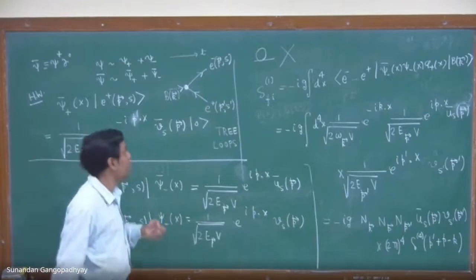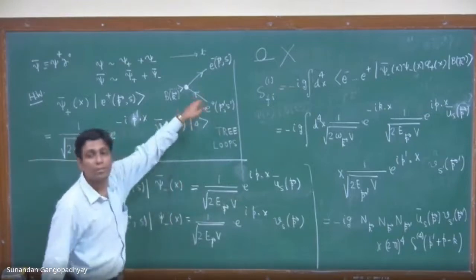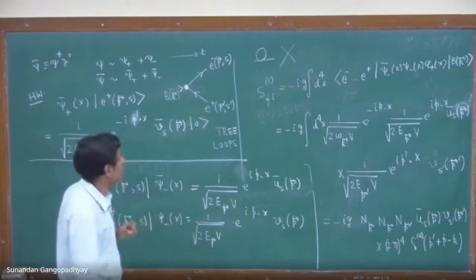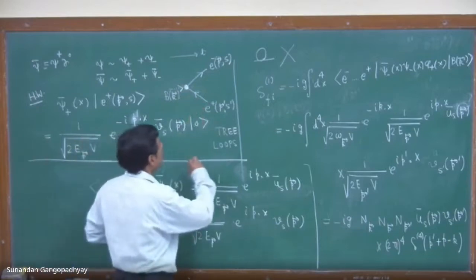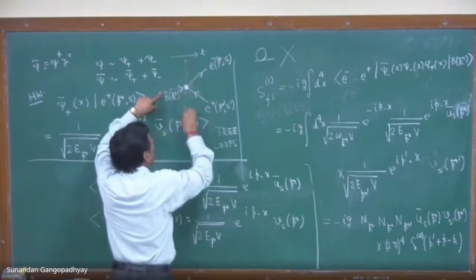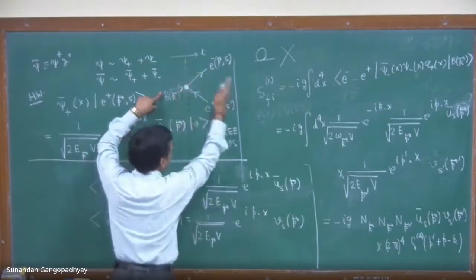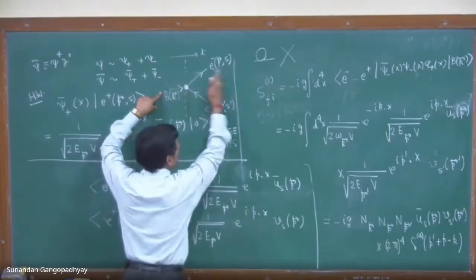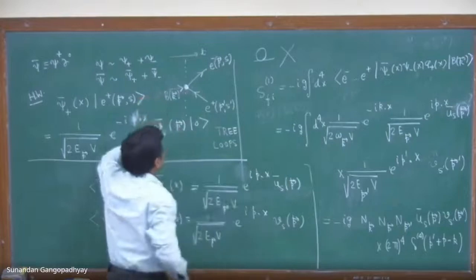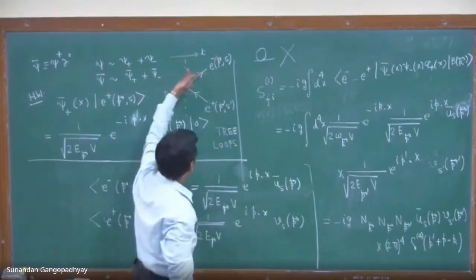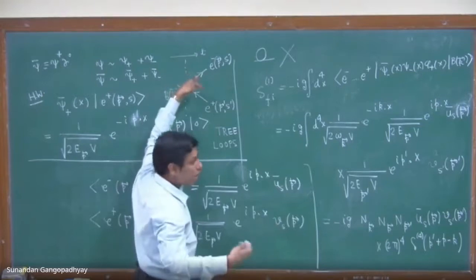Then, as you suggest, reverse the arrow. But there is one subtlety here. See, electron, just look at the right hand side of this line. From here, electron and positron are getting created. So this is like creation of the particles. Therefore, when the electron is getting created, this is considered as a particle.